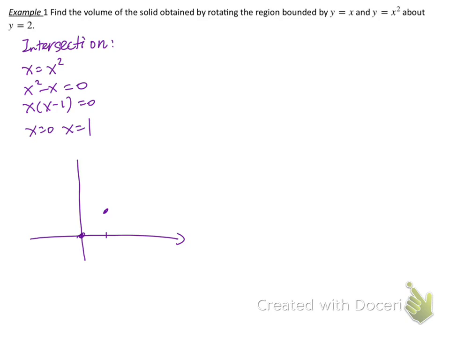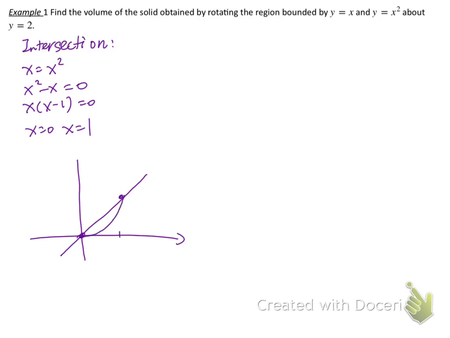And maybe let me draw it a little bit further. I need to take this away too. Okay, so here, y equals x and y equals x squared.